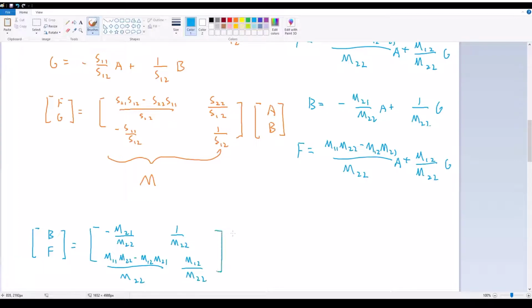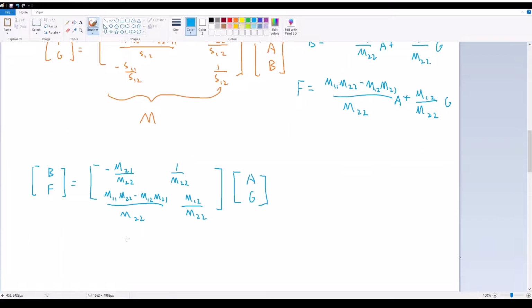And this is all multiplied by the vector A, G. Let me just double check that that is in fact correct. Yeah, so this is our scattering matrix in terms of the M matrix components.